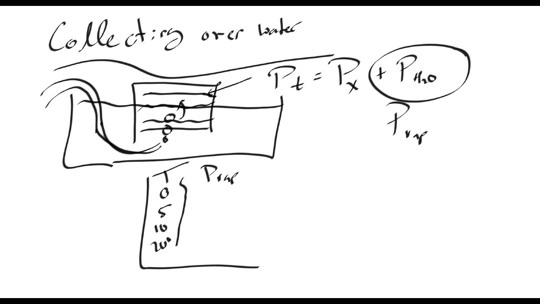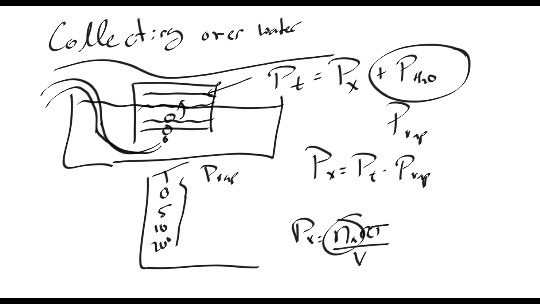And then you would just say, okay, so Px is going to be equal to the total pressure minus the vapor pressure of water. And that's how you can know how much product you've made, because Px is equal to Nx RT over V. So that's just another example of how partial pressures play out in reality.